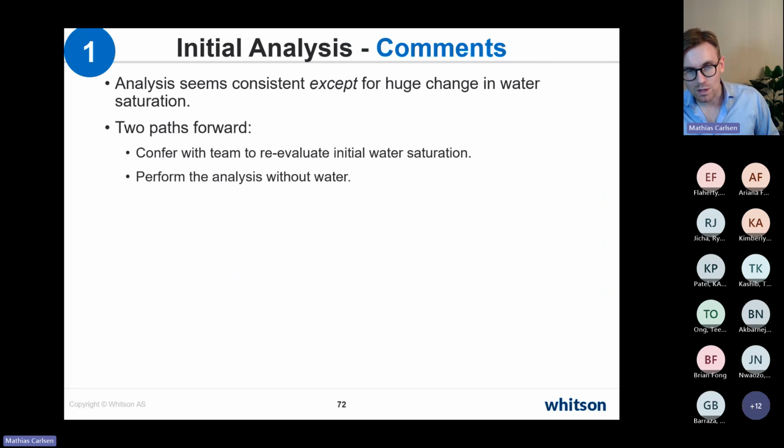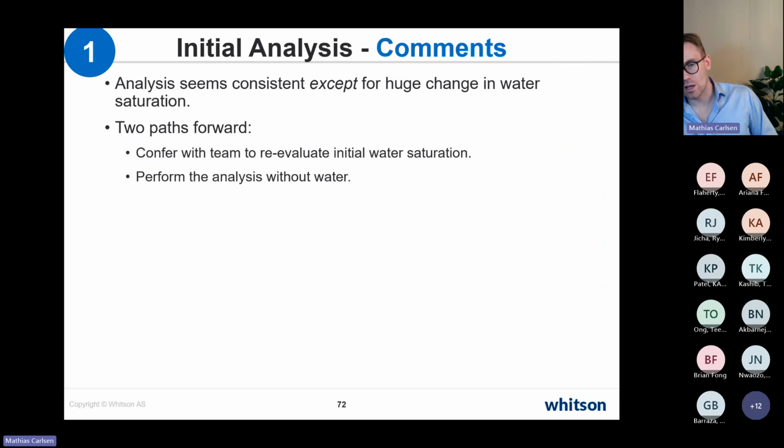So the analysis seemed consistent on most parts, except that there was a huge change in water saturation. So there were 2 different ways forward. The first thing would be that you could go and reevaluate the water saturation assumption with the petrophysicists and geos. And you could also go ahead and do the analysis without water.